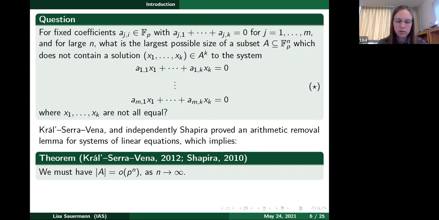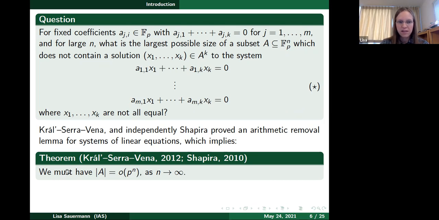One piece to an answer was proved by Král', Serra, and Vena, and independently Shapira, who, to be more precise, proved an arithmetic removal lemma for systems of linear equations. But in particular, as a trivial corollary of their arithmetic removal lemma, one gets the statement printed here, namely that the largest possible size of a subset A of F_p^n without such a solution, where the variables are supposed to be not all equal, must have size little o of p^n.